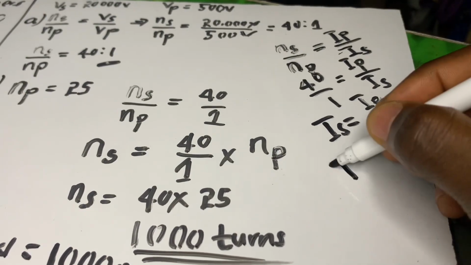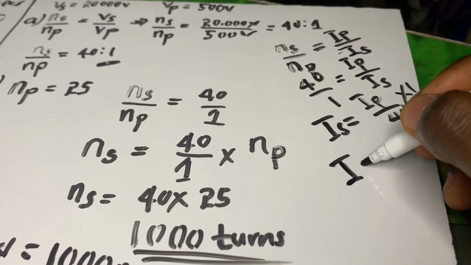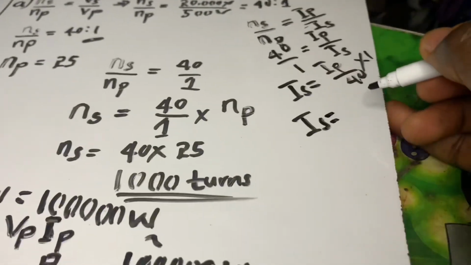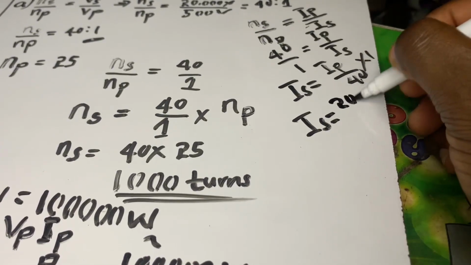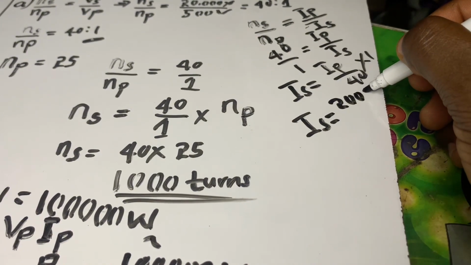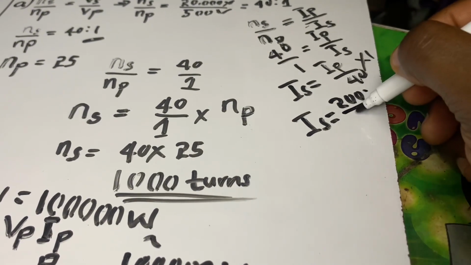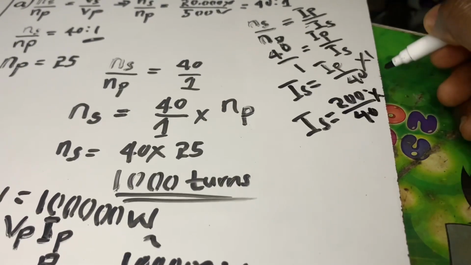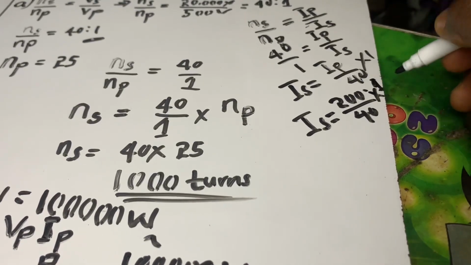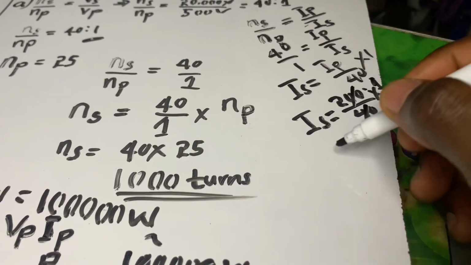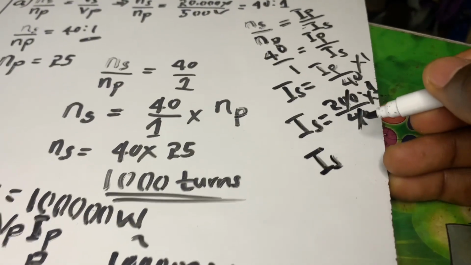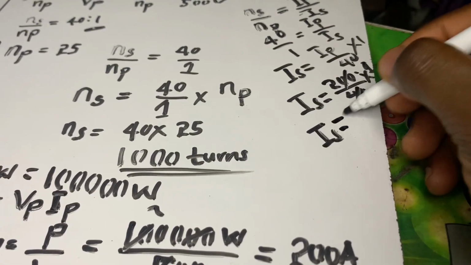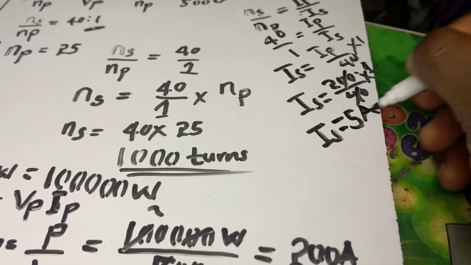So the current at the secondary coil is equal to the current at the primary coil, which was 200 amps, divided by 40 times 1. So should you cancel this, you will get the current at the secondary coil to be 5 amps.